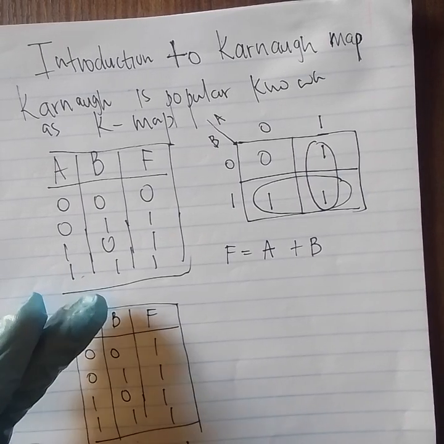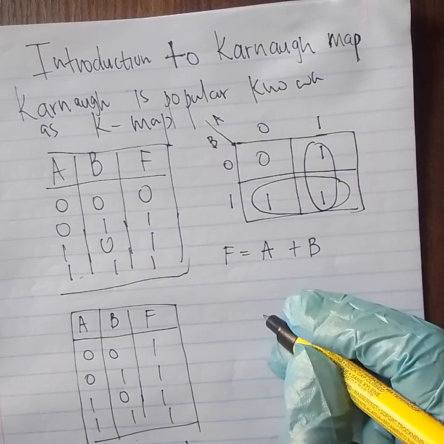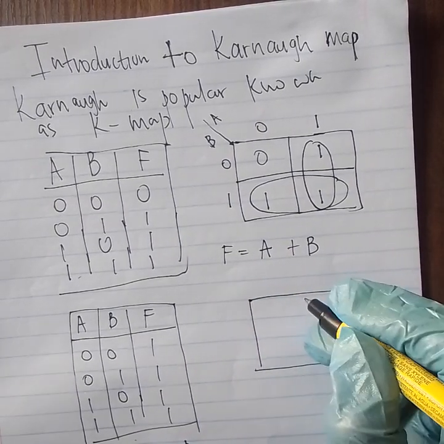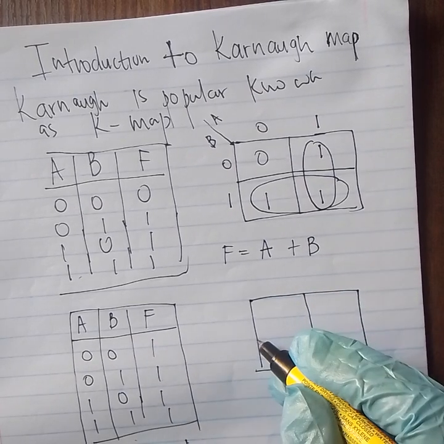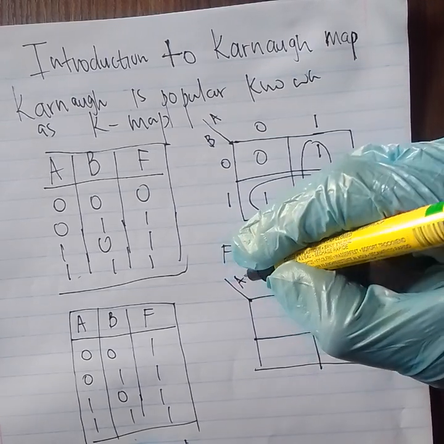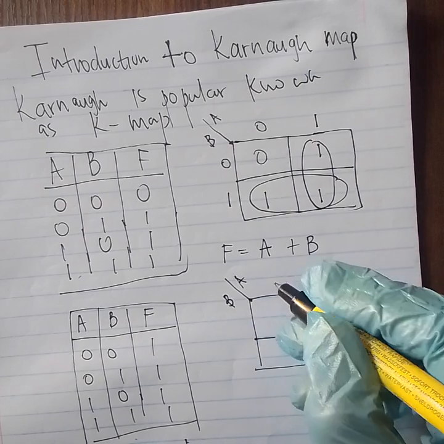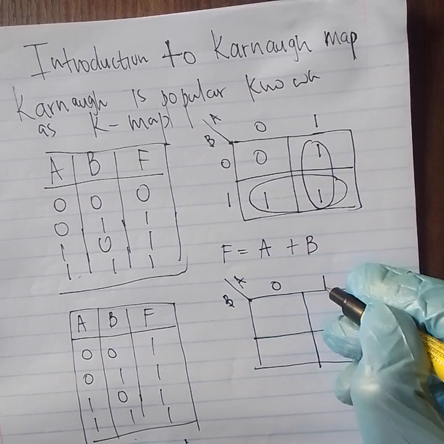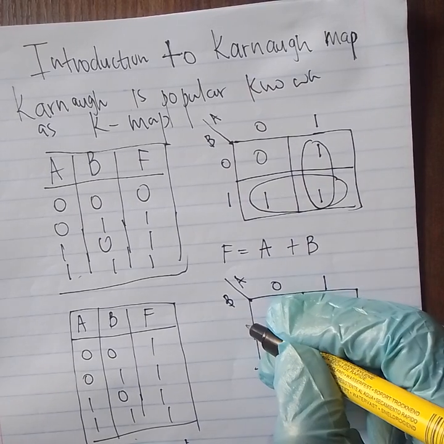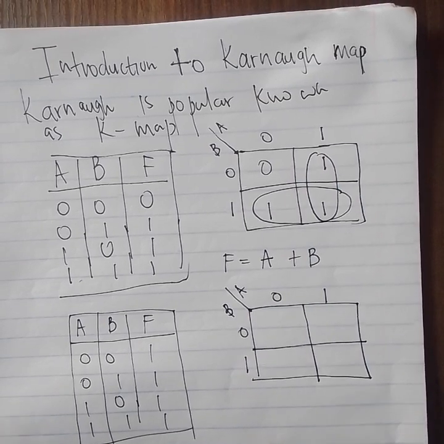Still 2 inputs and 1 output, we'll have 2 columns and 2 rows in the K-map. We'll have A this side and B this side. The input values of A we write as column heads, and the input values for B we write as row labels.